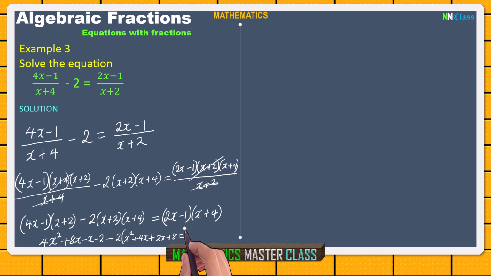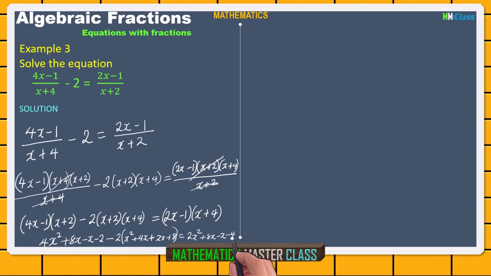This will be equal to, we'll close the bracket. 2x times x will give us 2x squared. 2x times 4 will give us plus 8x. Minus 1 times x will give us minus x. And minus 1 times 4 will give us minus 4.